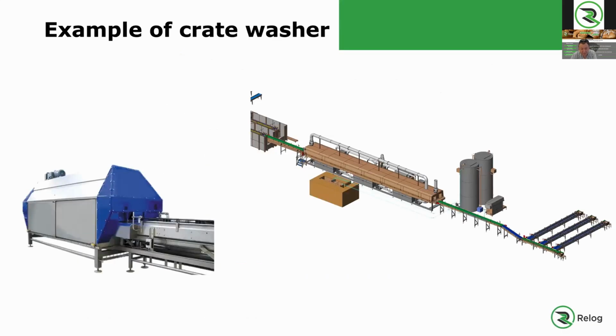For an example, we've just done a project with crate washing, and traditionally crate washing would use much water and heat. Just by switching to centrifugal drying, which is this picture on the left, that's reduced our energy consumption for drying to about 10% of what it was. And not only that, we're able to recover a lot of water. And then on the right, by going to fine water filtration, we're able to recover the water, so much so that the water that we use is only a clean water rinse.